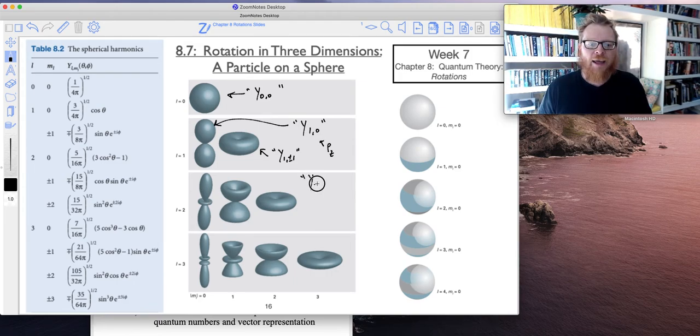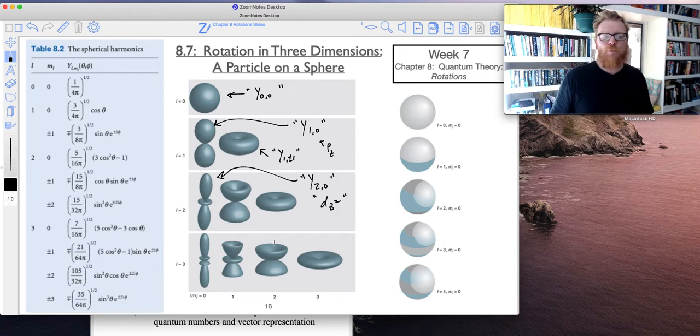So the Y2,0 is right there, and it is a perfect dz squared orbital. That's what we call that thing. So then now the Y2 plus minus 1 and the Y2 plus minus 2, they kind of look like d orbitals, but not quite, because we have to deal with Heisenberg.